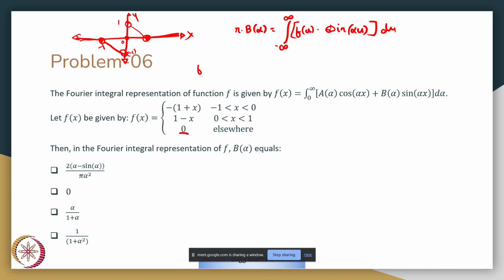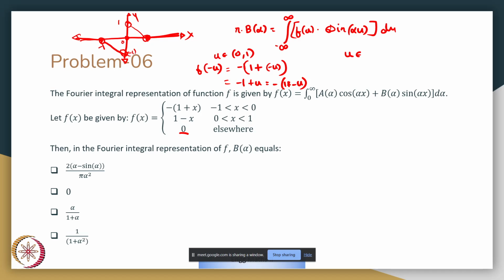So if I were to take f of minus u, suppose u lies between 0 and 1, then f of minus u would be minus 1 times 1 plus minus u, which is minus 1 plus u, which is minus of 1 minus u. So u belonging to 0 to 1.